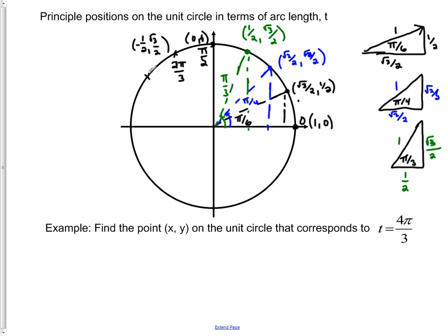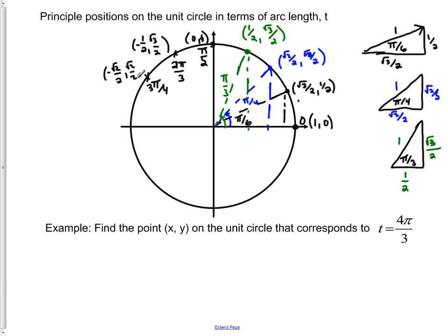At 3 pi over 4, we have an angle that corresponds to our pi over 4 right triangle. And corresponding to pi over 4, 3 pi over 4 is going to have negative radical 2 over 2 as an x, and a positive radical 2 over 2 for the y value.